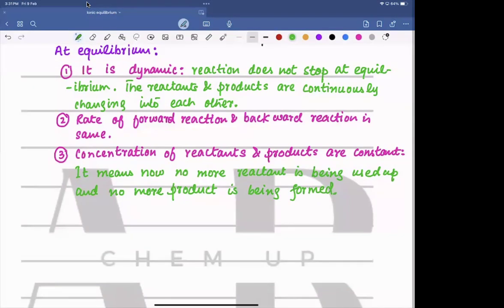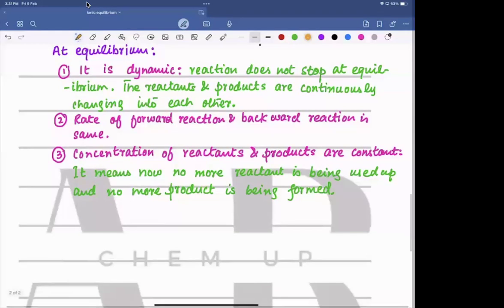Is this point clear to all of you? Yes, sir. As the rate gets the same, whatever the amount of reactants convert into the product, the same amount of product turns back into the reactant again, and we are not going to observe any change.